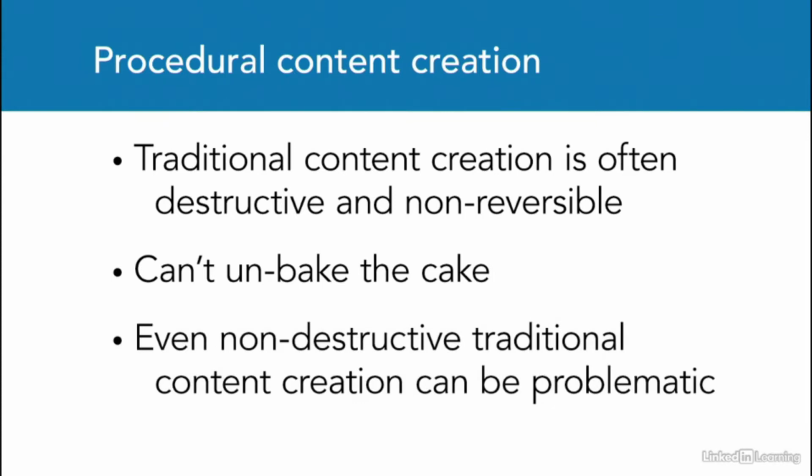Even when traditional content creation is non-destructive, such as with the Maya construction history, it tends to be slow, difficult to work with, and even unstable. Those are some of the reasons why we need to delete the construction history so often.